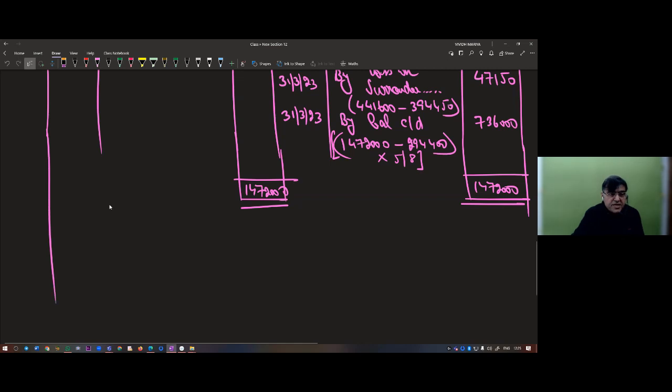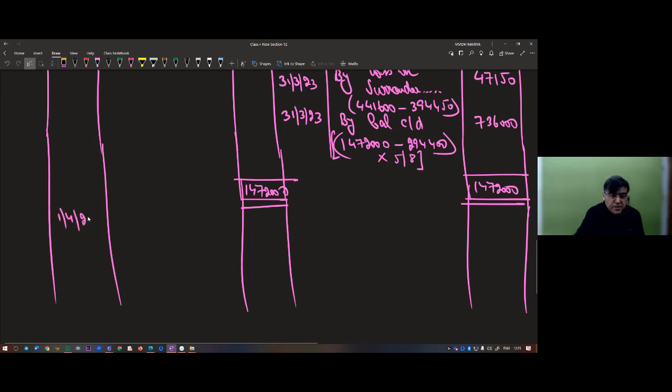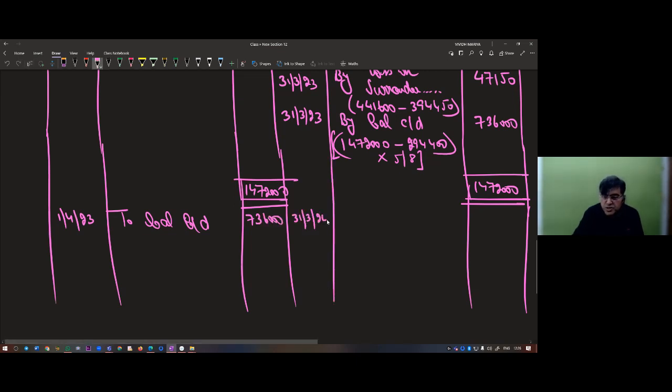Now the remaining scooters are 5. 1st April 23, to balance brought down 736. 31st March 24, by depreciation, by balance carry down.